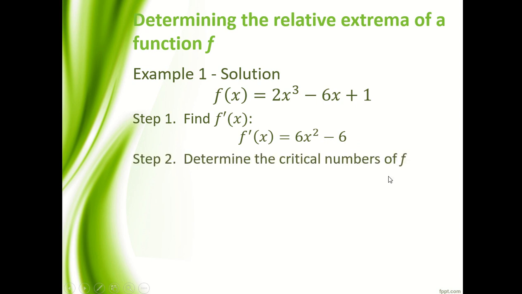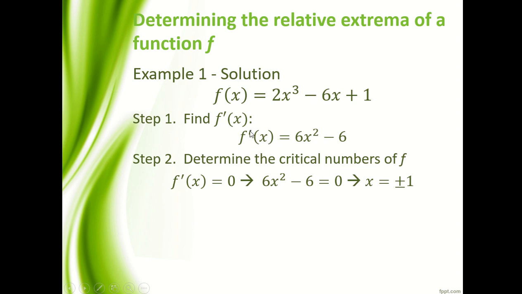And the next step is to determine the critical numbers of f. To do that, you have to equate f prime of x equal to 0. So equating f prime of x to 0 means at critical numbers, meaning at a maximum or at a minimum point. So either a maximum or minimum point.